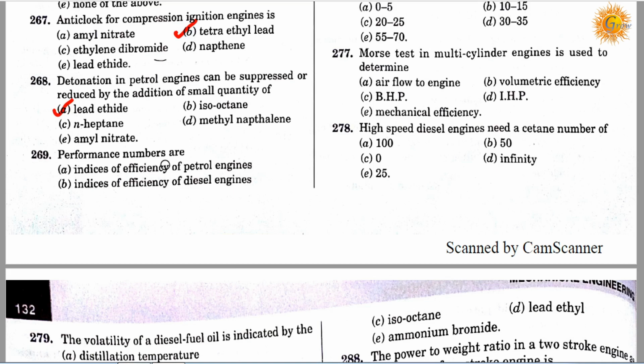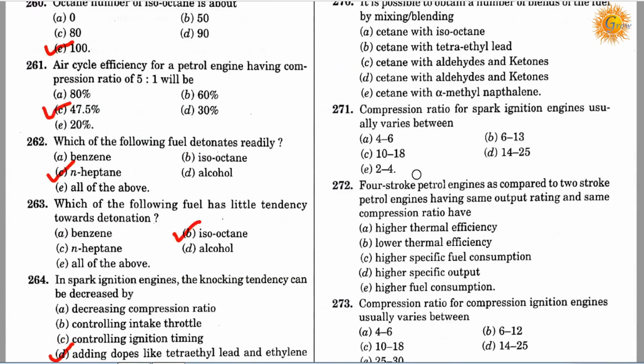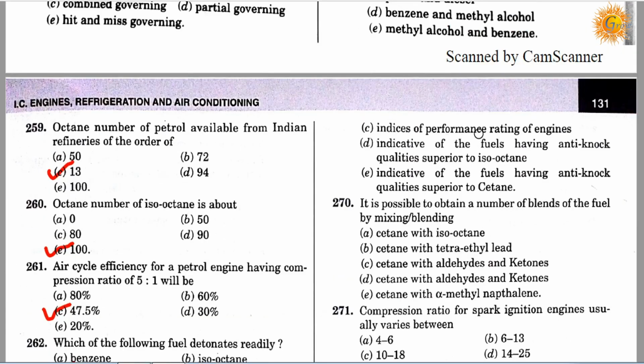269. Performance numbers are option A, indices of efficiency of petrol engines, option B, indices of efficiency of diesel engines, option C, indices of performance rating of engines, option D, indicative of the fuels having anti-knocking qualities superior to isooctane, option E, indicative of the fuels having anti-knock qualities superior to cetane.